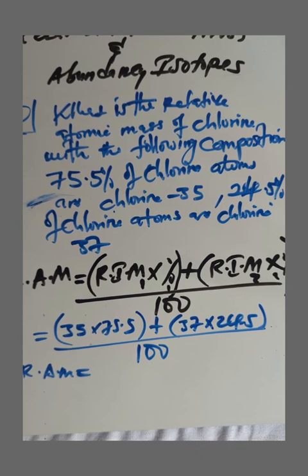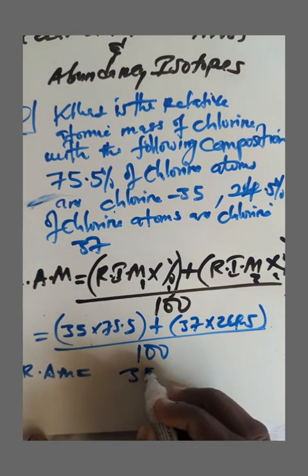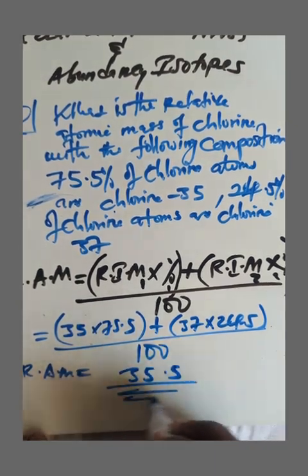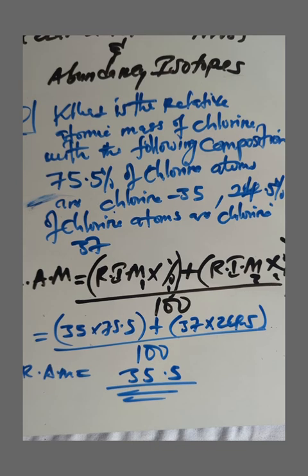If I multiply 35 by 75.5 and so on, overall I'm getting 35.5 as my final answer. So this is the relative atomic mass. I hope you get the concept. Right, so let's have another question, to see how they phrase questions on this topic.